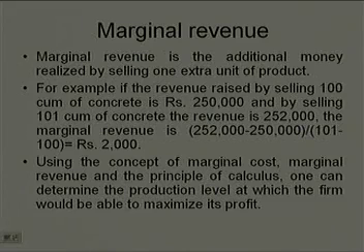For example, if you are selling 100 cubic meter of concrete for rupees 250,000, and by selling 101 cubic meter of concrete, the revenue is 252,000, the marginal revenue would be given by the difference in revenue divided by difference in quantity. For this example, the marginal revenue is going to be rupees 2,000.